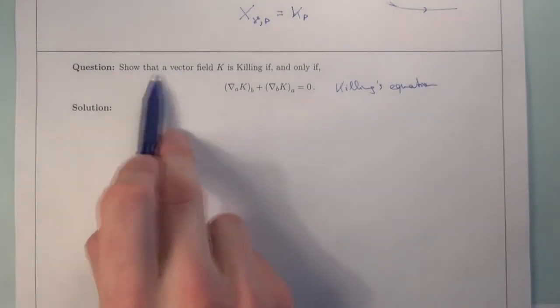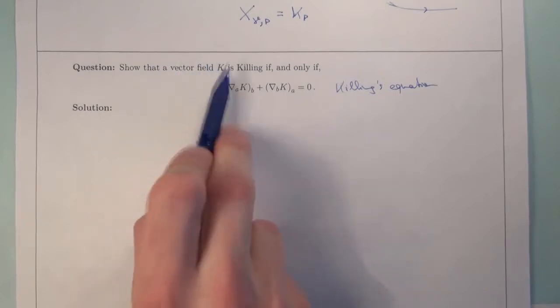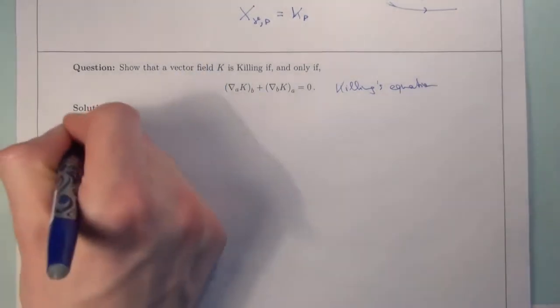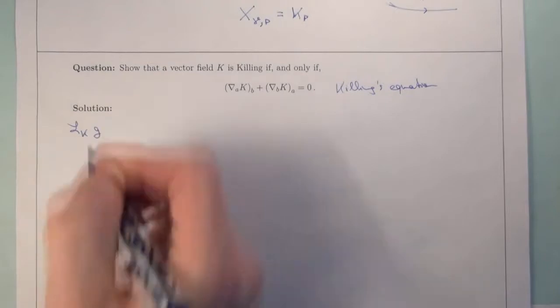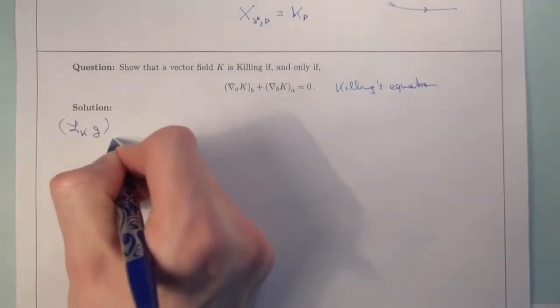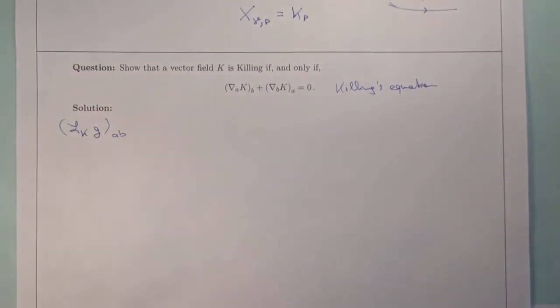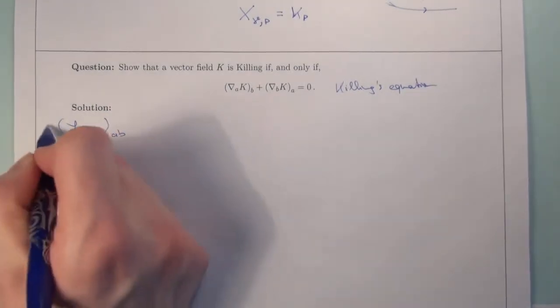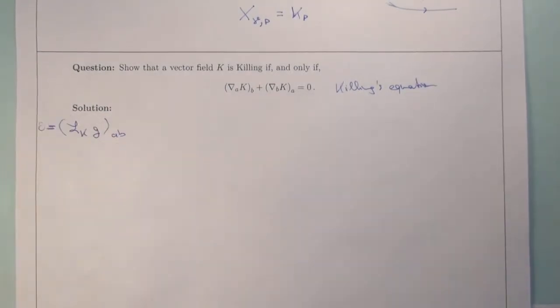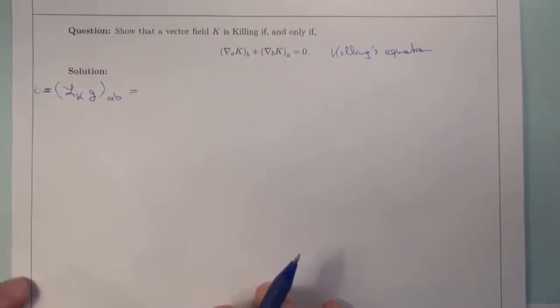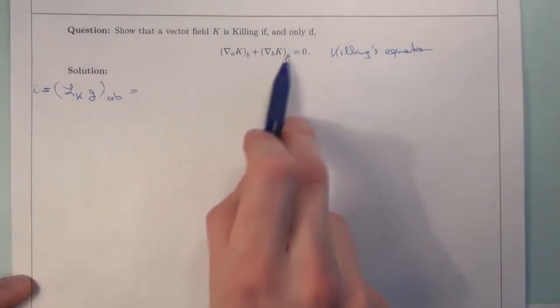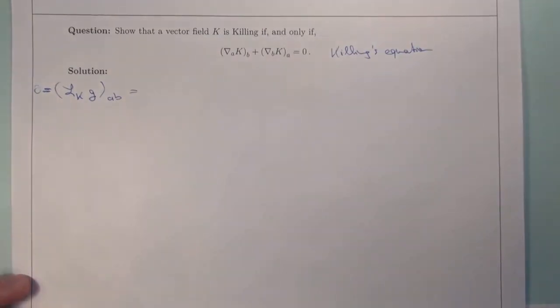Okay, so the only thing that we know is that K is a Killing vector field. So the only thing that we can write down is L_K g, we look at this in coordinates, equals 0. And now we try to write some equal signs in order to arrive at some expression that looks like that.